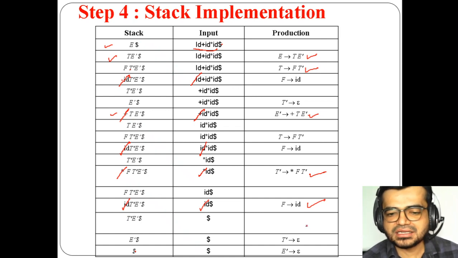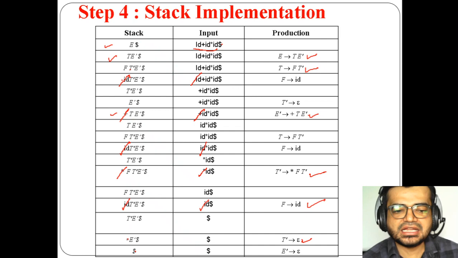Yes, there is a possibility: T' of epsilon means simply you are removing T' and you are getting E' dollar dollar. Again the next production for E' dollar, E' of epsilon, you are removing E' again. So finally what is remained? Dollar and dollar.